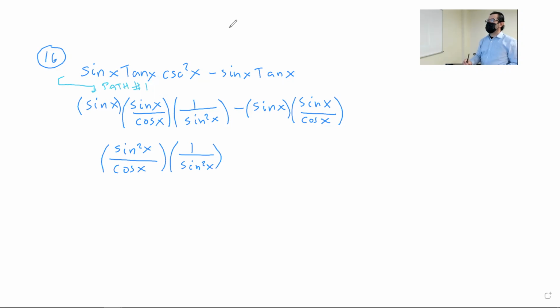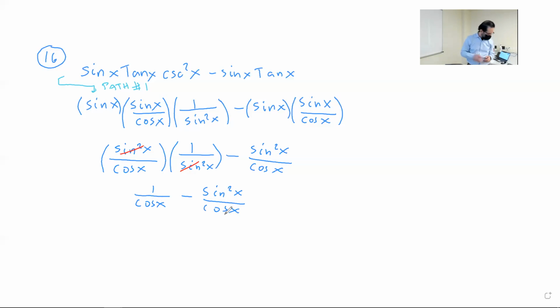Let me write everything down. These two are going to eliminate, and I'm going to be left with 1 divided by cosine of x minus sine squared of x divided by cosine of x.